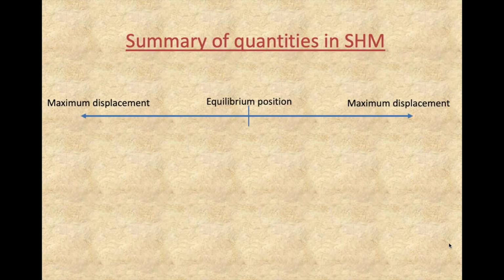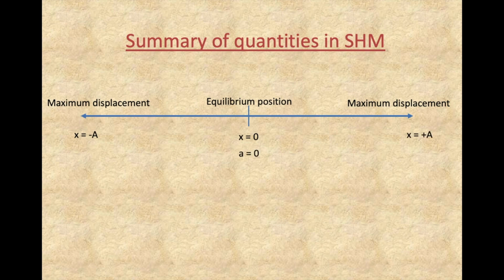So, summary of quantities in simple harmonic motion. This line represents one oscillation. This is the equilibrium position and the maximum displacements on the sides. So that would be the position and the amplitudes.